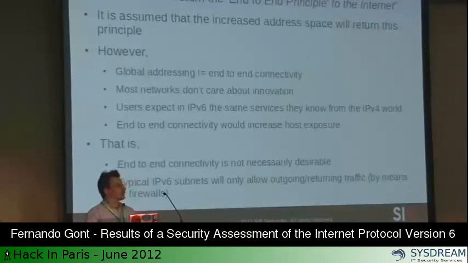One of the reasons for that is that even when end-to-end connectivity might foster innovation, in most cases networks don't care about innovation. You just have a network running because you need to get some work done. Let's say you're running a company, you want your employees to be able to do email or web or whatever, but you don't want your own network to be used for innovation.